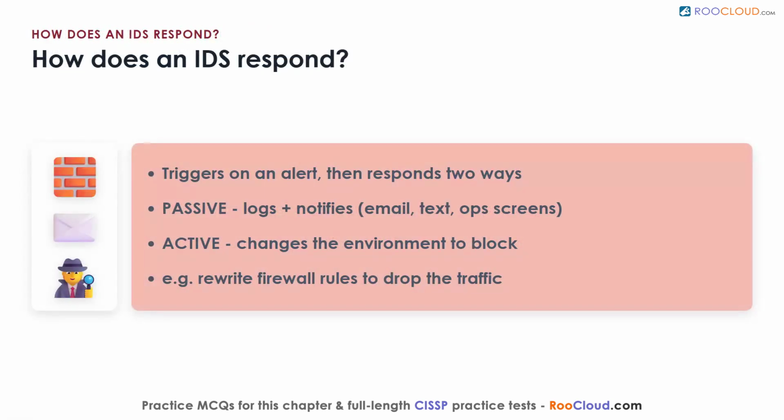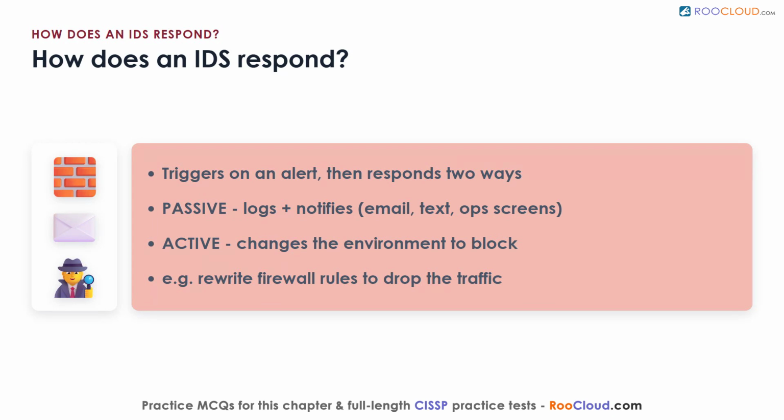How does an intrusion detection system respond to an event? Both signature and behavior systems trigger on an alert, then respond in one of two ways. A passive response logs the event and sends a notification by email, text, or a report, often on the big screens in a round-the-clock operations center.